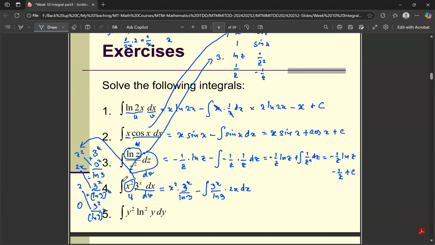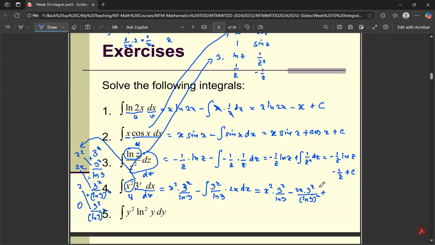Okay. And how to apply it? It is easy. Just write the multiplication. So we have x squared times 3^x divided by ln 3, then minus 2x times 3^x divided by ln 3 squared.